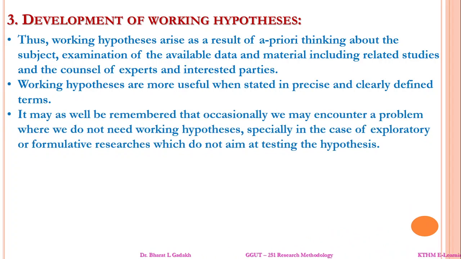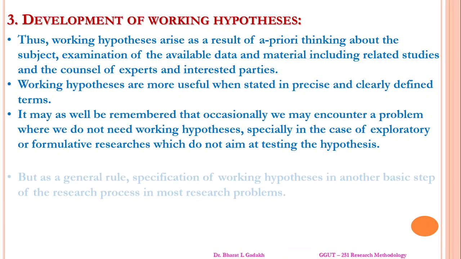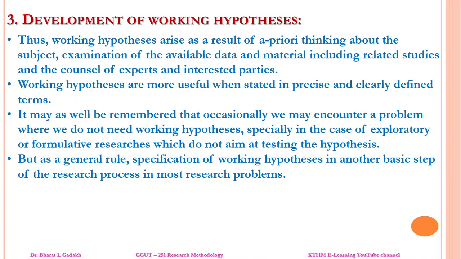It may also be remembered that occasionally we may encounter a problem where we do not need a working hypothesis, especially in the case of exploratory or formulative research, which does not aim at testing a hypothesis. But as a general rule, specification of a working hypothesis is another basic step of the research process in most research problems.